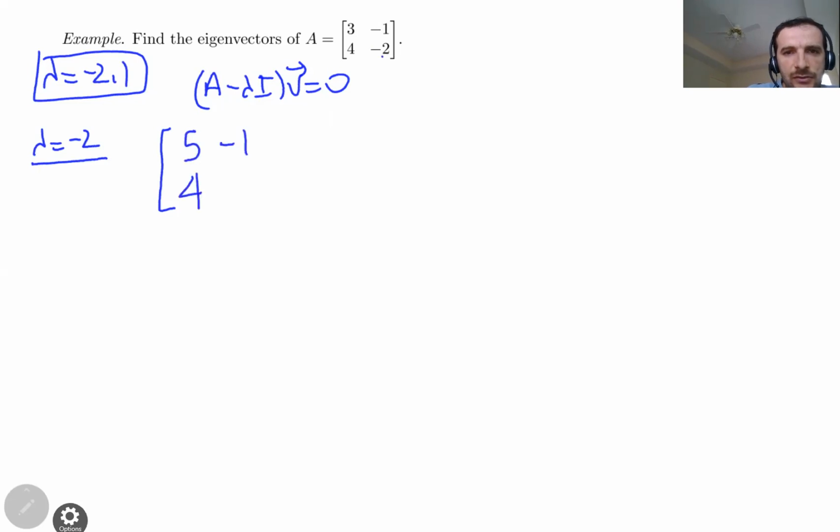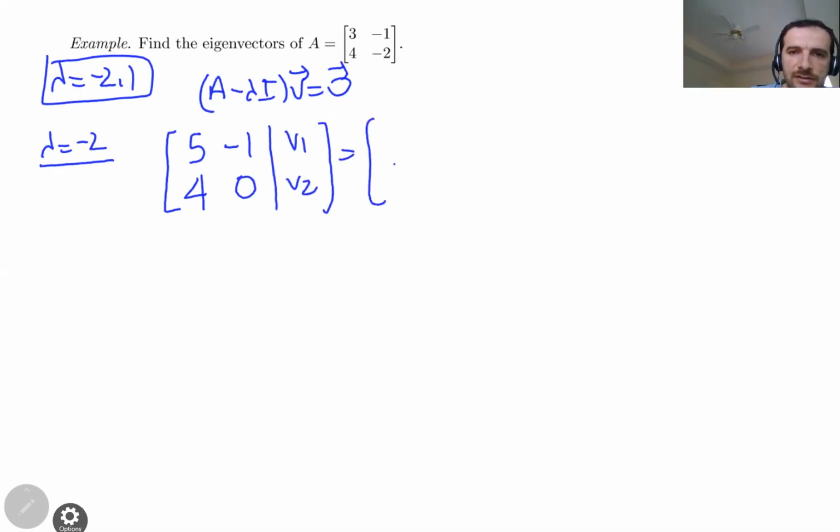If I add 2 to the diagonal entries, it will be 0, right? Yes. And this times v1, v2 is equal to 0. It's actually the 0 vector. Maybe I can write this also as entries, 0, 0.